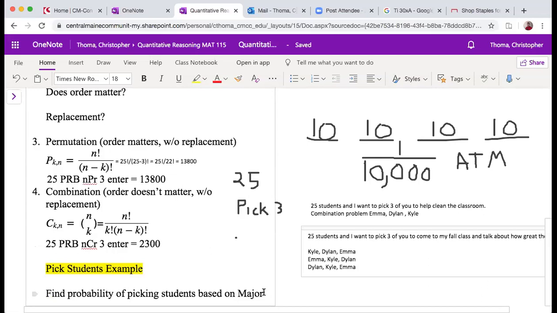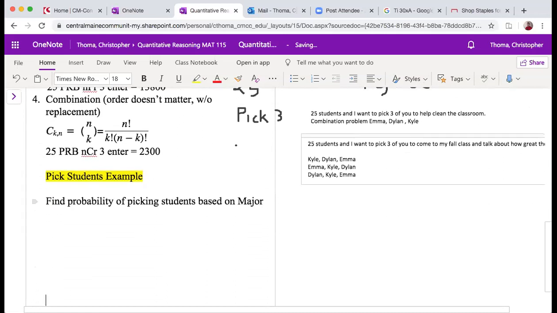Now, what I got here is a little example to do with using probabilities of picking people by our major. So we're going to have to make up some numbers just because our class is so small.